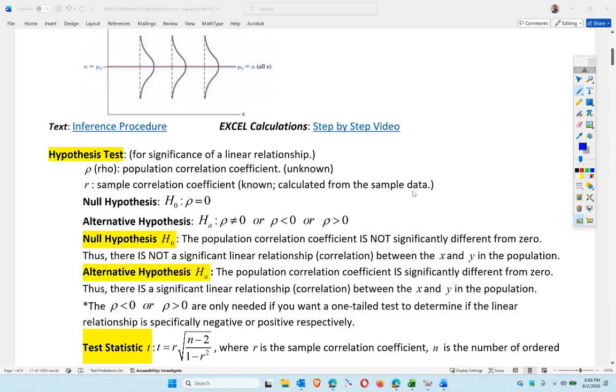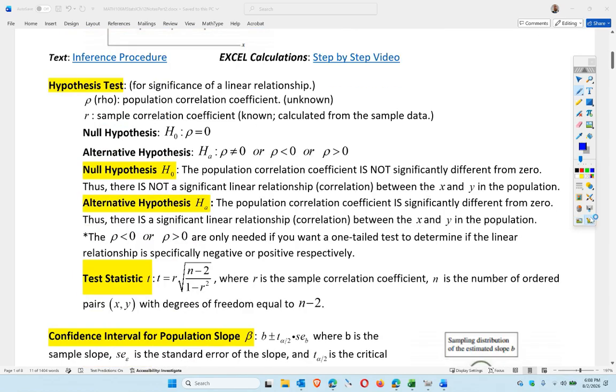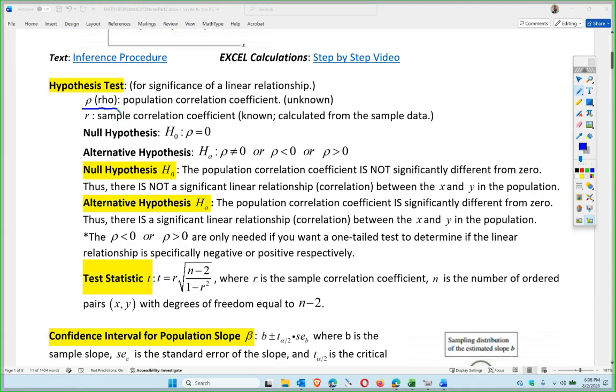Okay, so as far as the hypothesis test goes, you use rho, which is the population correlation coefficient, and you assume it's 0, which means there's no relationship whatsoever, or no linear relationship. Because the way it works in stats is you assume there isn't something, and you have to find enough evidence to have something.